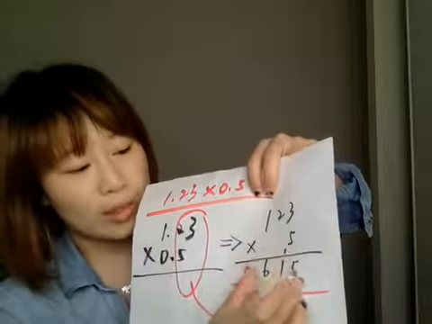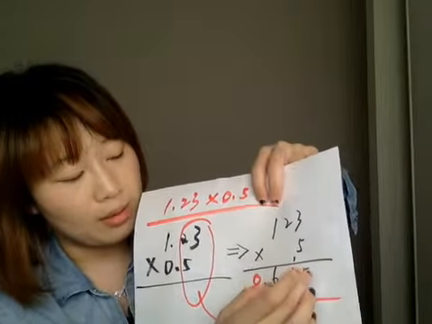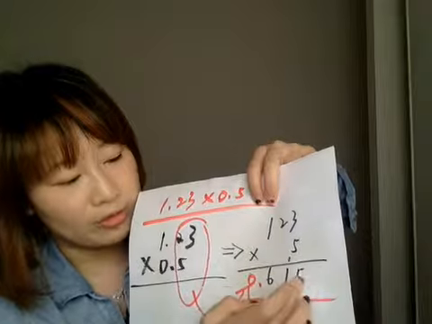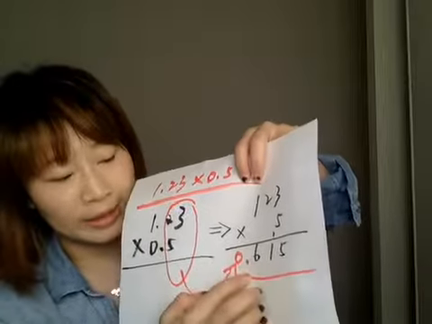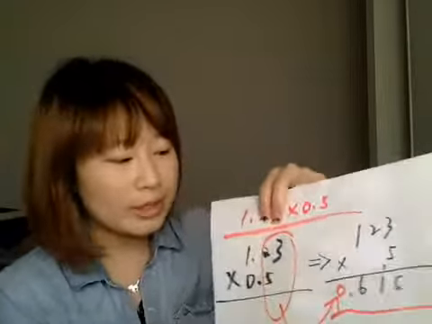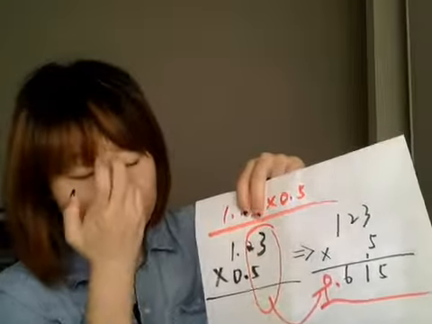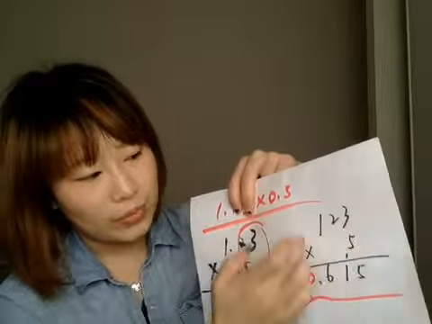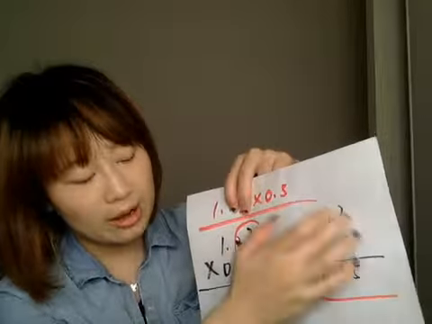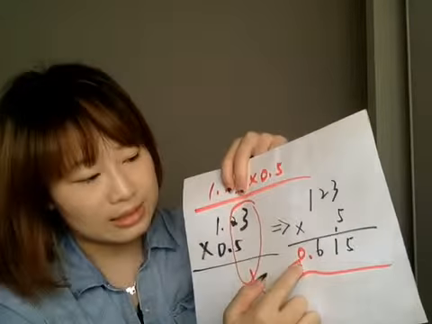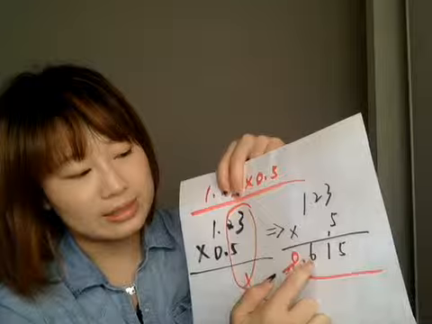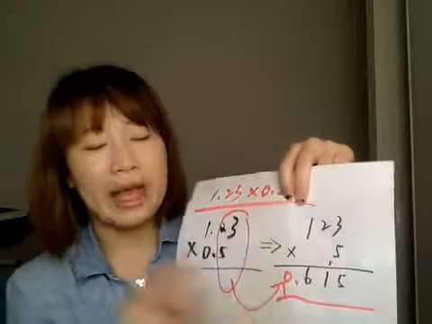That means before the 615, we need to put the decimal point in here, and we add 0. So we get the final answer 0.615.